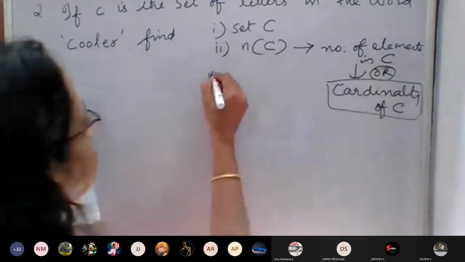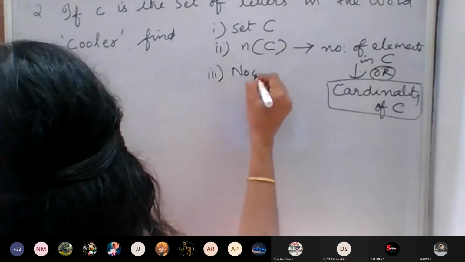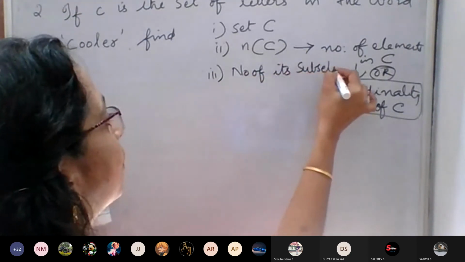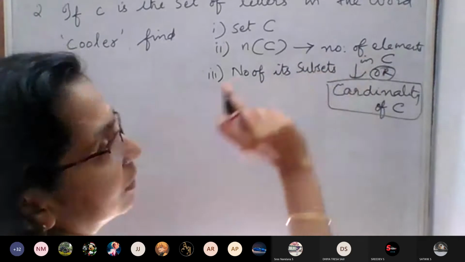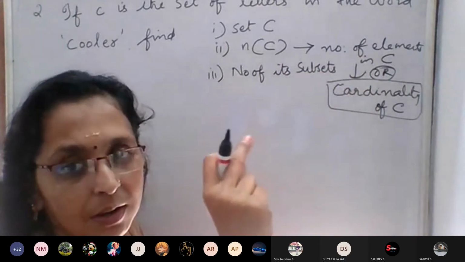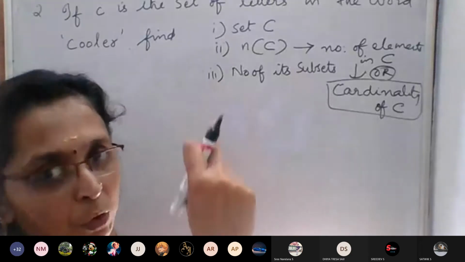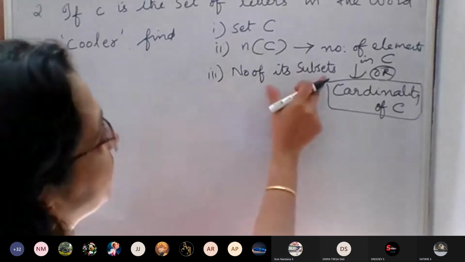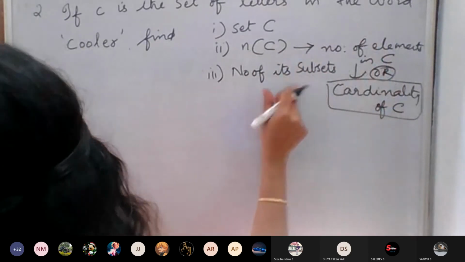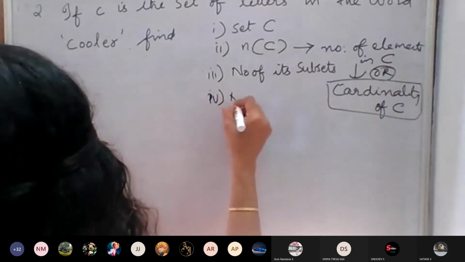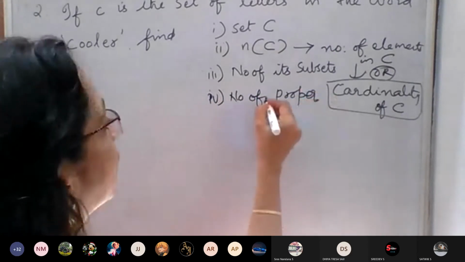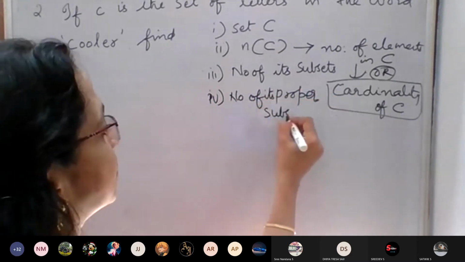Then the third one, the number of its subsets. Note the difference: N of C means number of elements, and number of subsets is different. Then the fourth one is the number of its proper subsets.